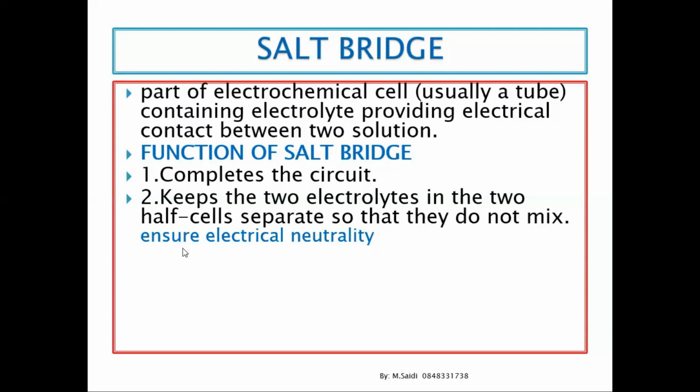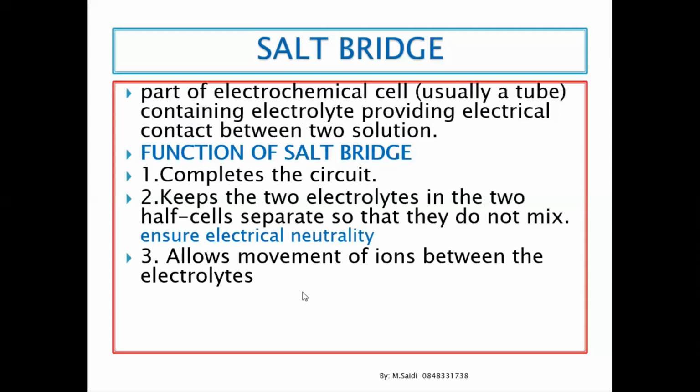By doing that, it ensures that electrical neutrality is obtained in the cell so that the cell can continue functioning normally. Number 3, it allows movement of ions between the 2 electrolytes, from the cathode cell and the anode cell. The 2 must be able to communicate with one another, even if there is a distance, so the salt bridge connects them.